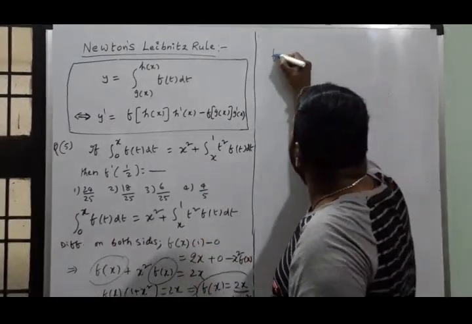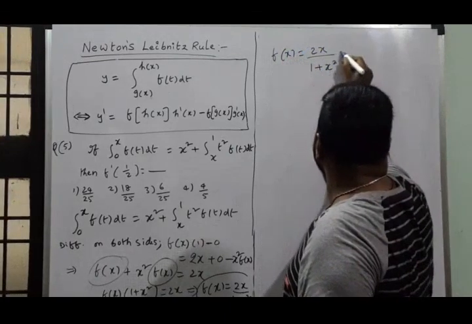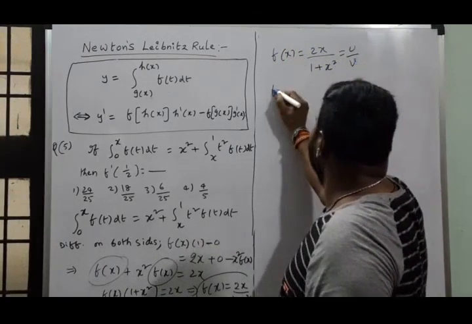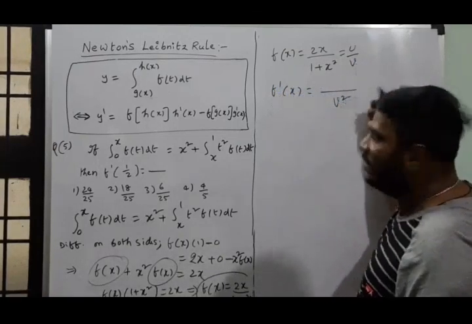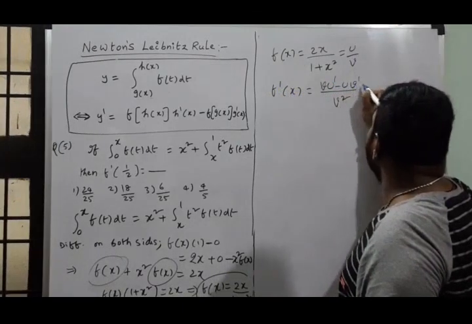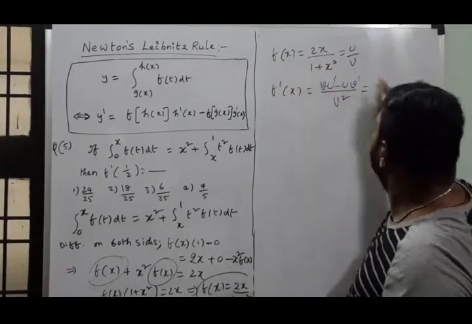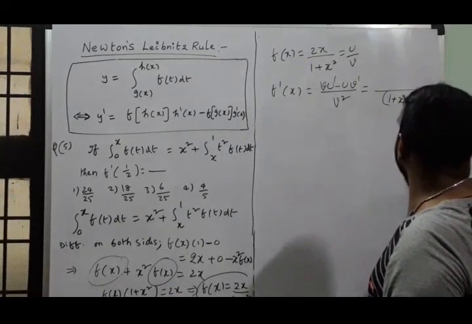So here f of x is equal to 2x by 1 plus x square. This is u, this is v. f dash x is equal to, the denominator should be v square, vu dash minus uv dash. Applying this rule, the denominator becomes 1 plus x square whole square.